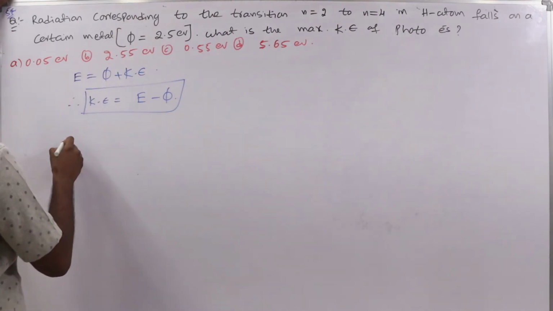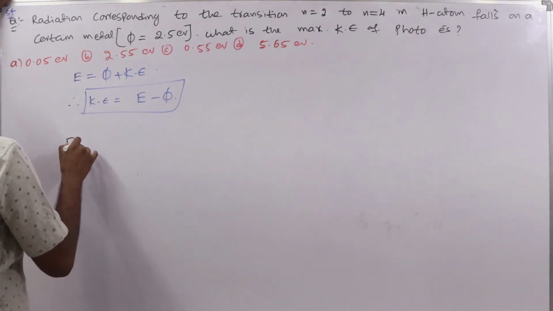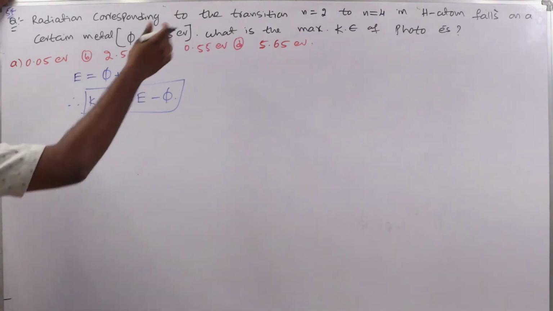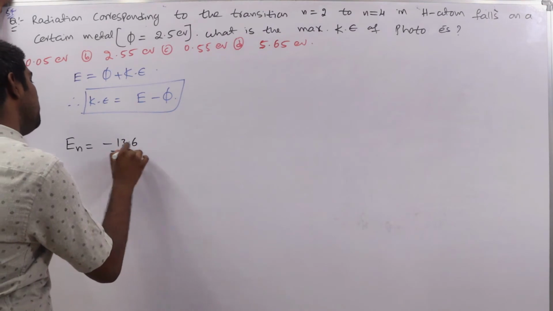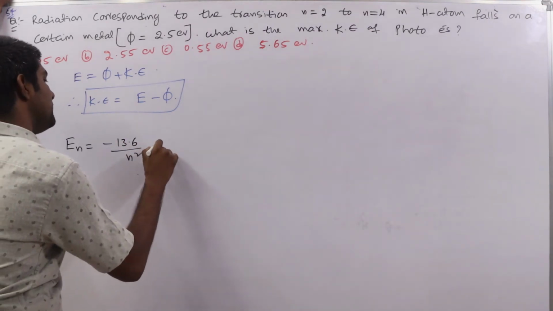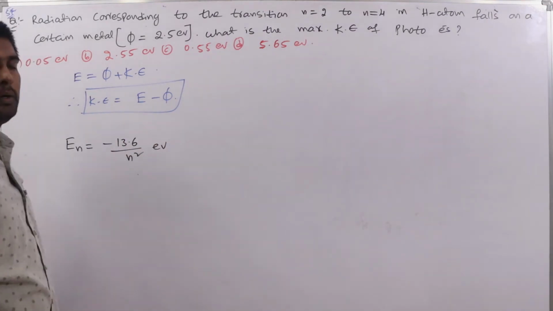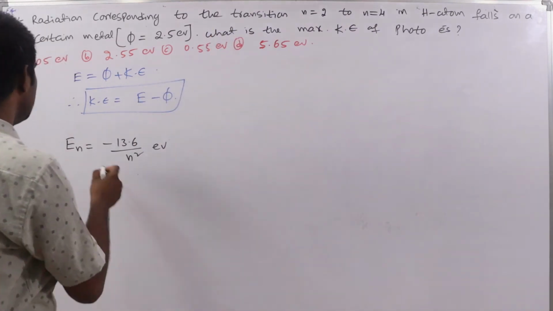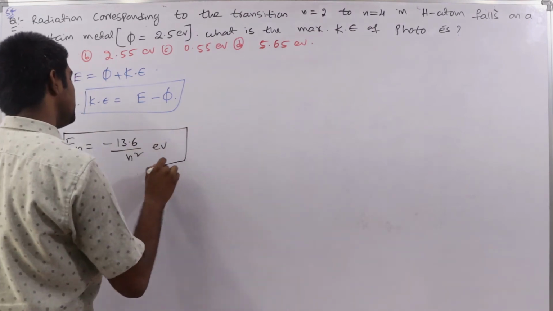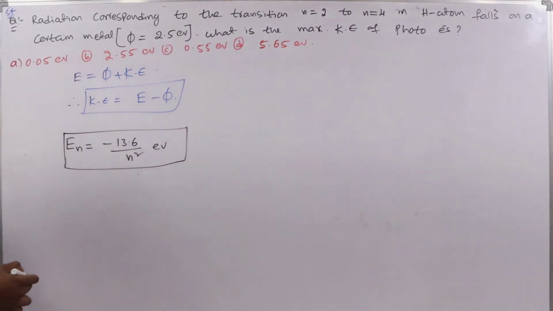First we have to find the energy difference for this transition. So En equals, we have a formula, minus 13.6 by n square electron volt. Z equals 1 for hydrogen, so no need to write it here. This is the formula which we discussed in the energy related problems.